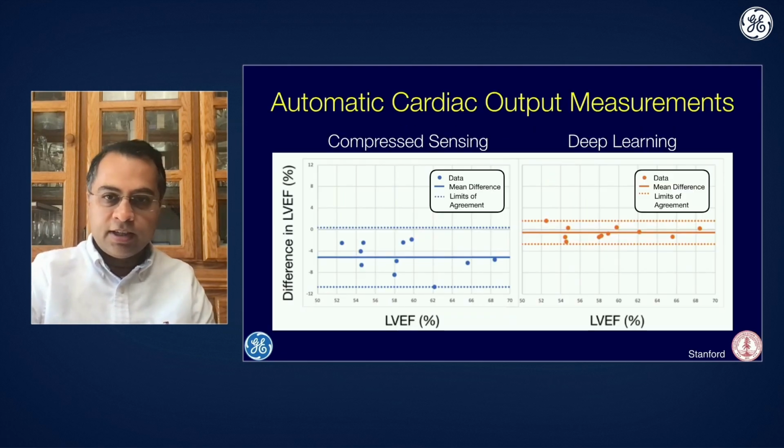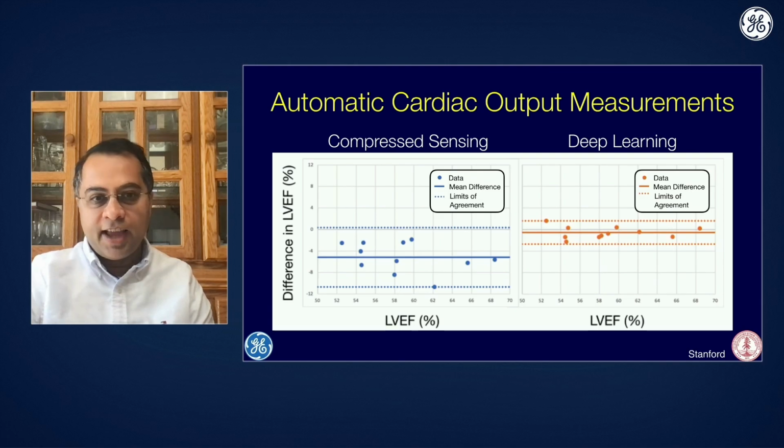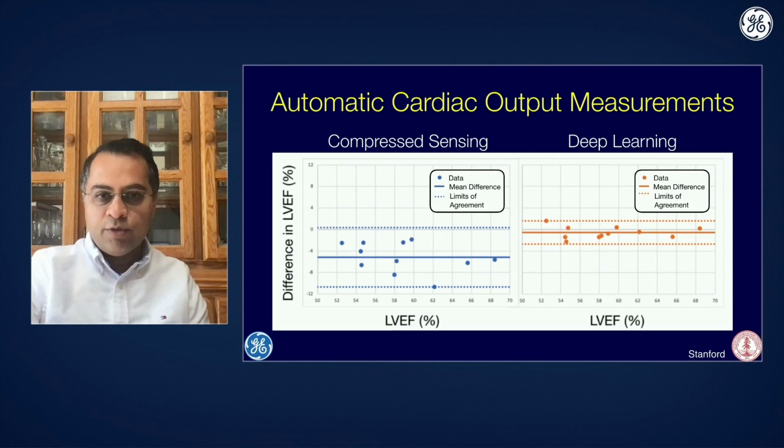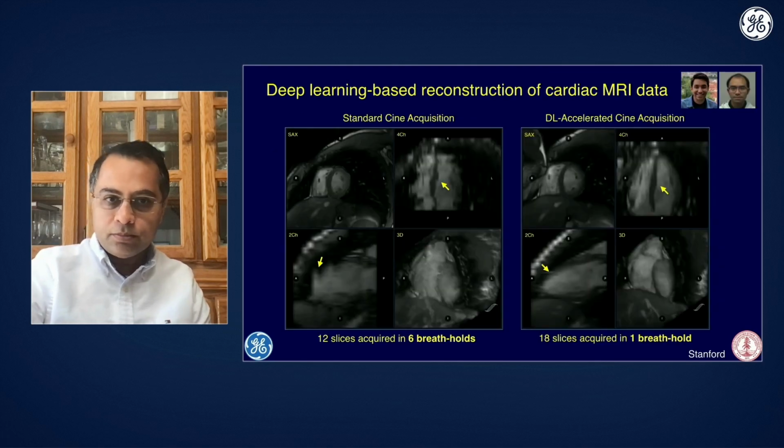But what really matters to us at the end of the day is our cardiac output and ejection fraction measurements. And so here you can see that we have, in these paired examples, compressed sensing reconstruction and deep learning reconstruction. And you see that the tightness of the agreement in terms of the left ventricular ejection fraction versus fully sampled scans is much tighter with the deep learning approach.